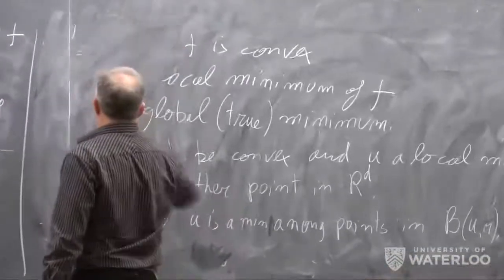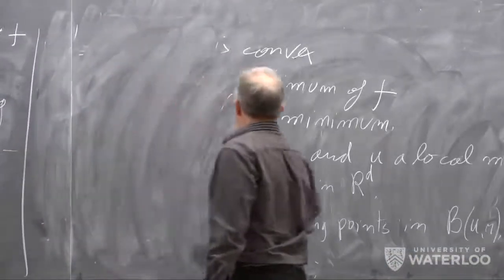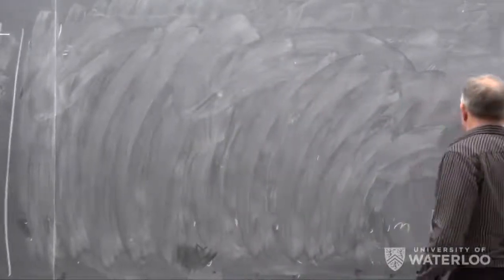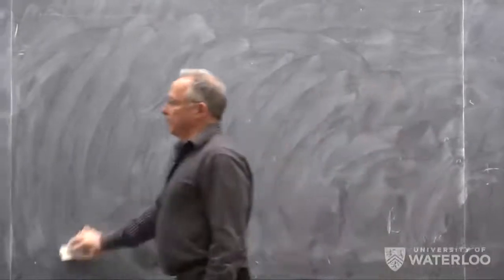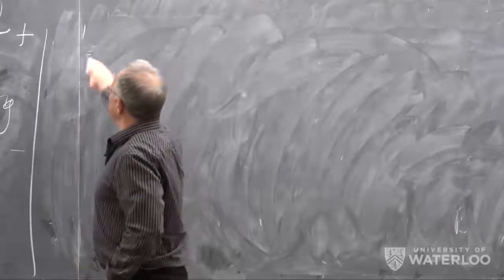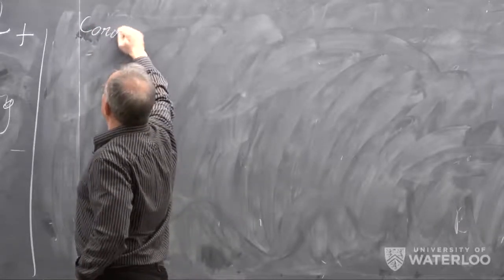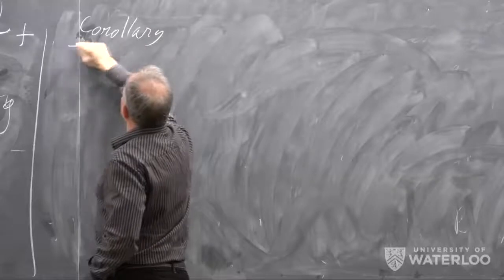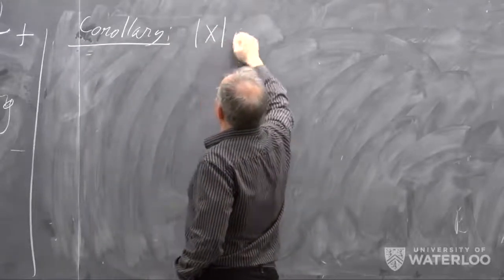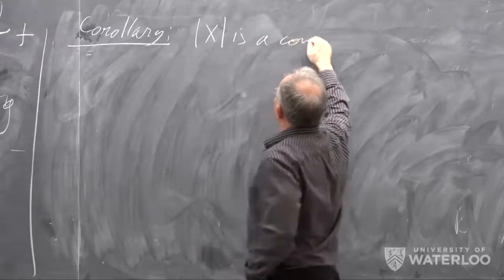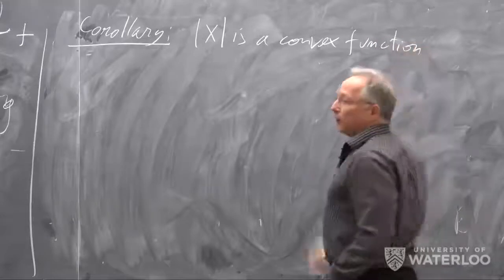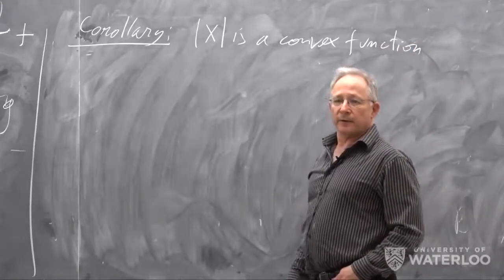Okay, now why do I care about this maximum? Because it already gives me something. So here is another corollary. My corollary now is that the function absolute value is a convex function. Why is absolute value a convex function?